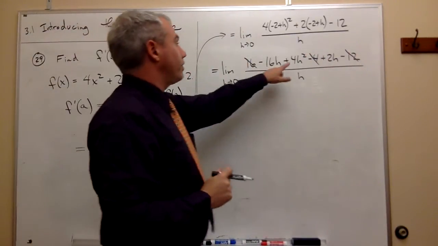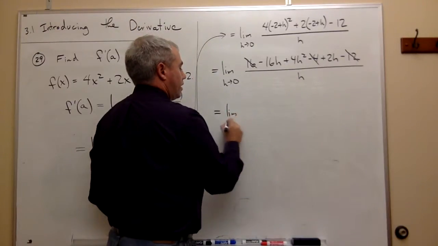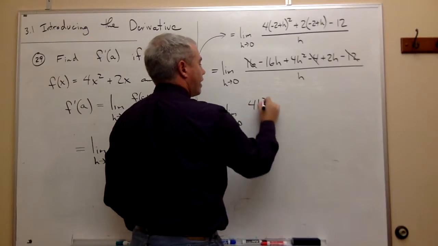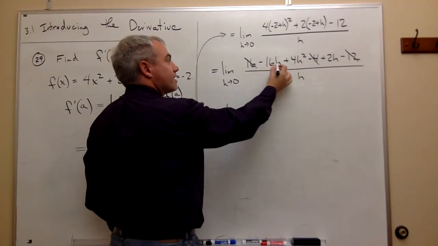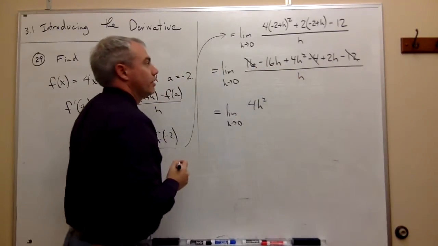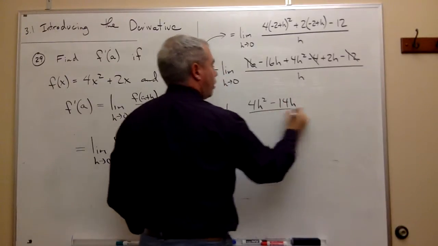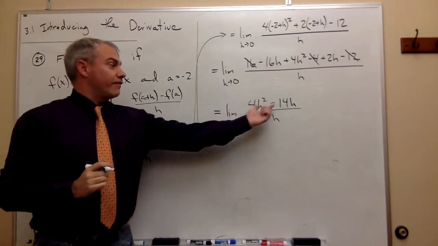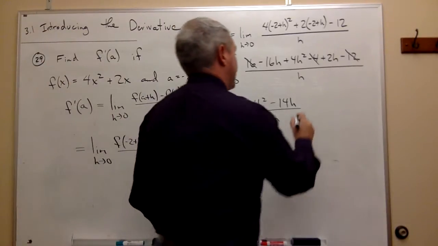Then I have plus 4h squared. So I've got the limit as h goes to 0 of 4h squared, and I have minus 16h plus 2h. So that's minus 14h all over h. Since everything on the top of the fraction has an h in it, I can factor out an h.